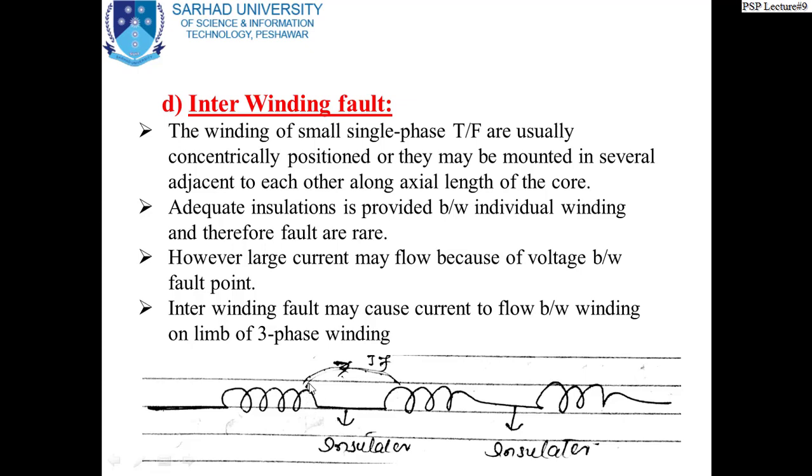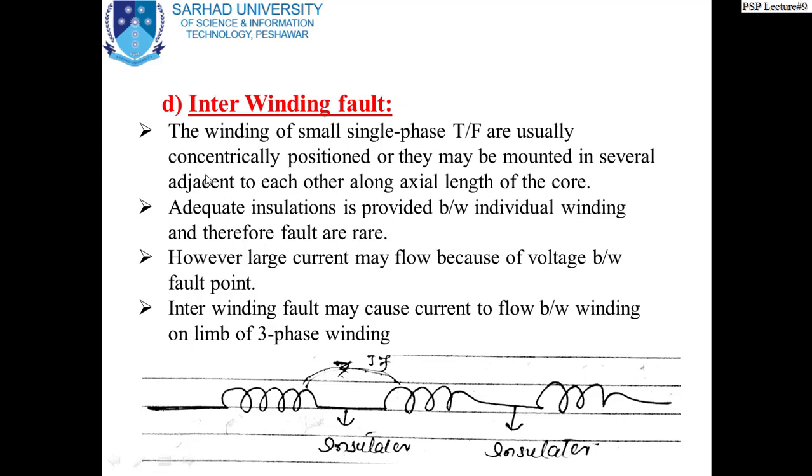Since these windings are not one turn but consist of so many turns, there is a chance that current may flow between these two windings if the insulation is damaged. So this type of fault is called an interwinding fault.